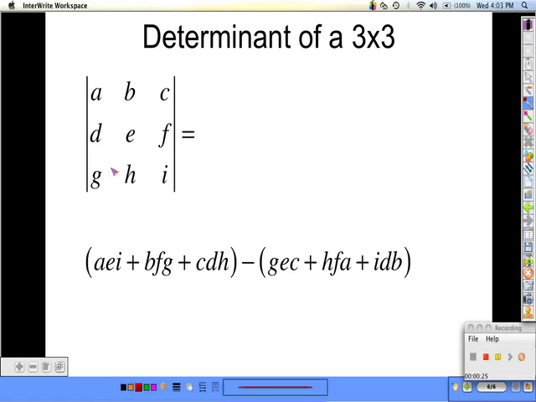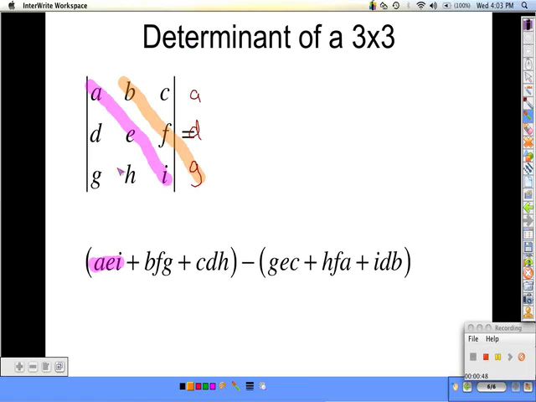So I'm going to do my downward diagonal, AEI, and then I'm going to do BF, but there's not a third number in that downward diagonal. What we're going to do is rewrite the first column, ADG. So my second diagonal is BFG.